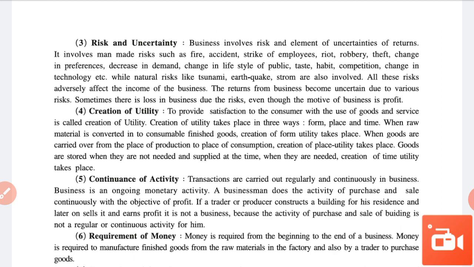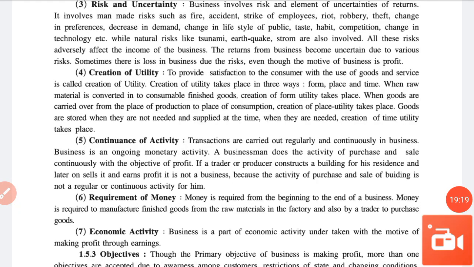Then creation of utility, the fourth characteristic. Point number 4. To provide satisfaction to the consumer with the use of goods and service is called creation of utility. What is the meaning of creation of utility? In common parlance, it means providing satisfaction to the consumer with the use of goods and service.